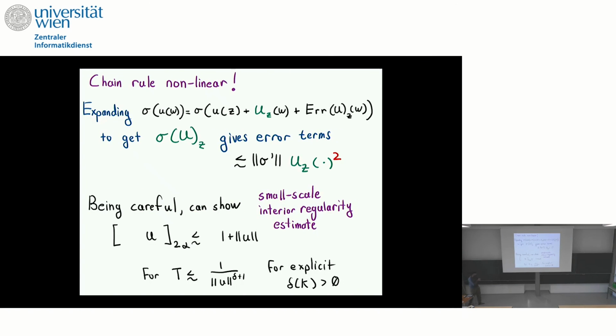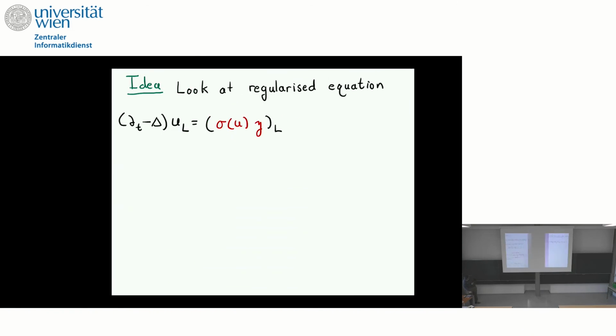And so this gives us a kind of short time control. So what we want to do then is figure out how to get control on larger scales so that we can actually reach time one, so a time that actually doesn't depend on the size of u.